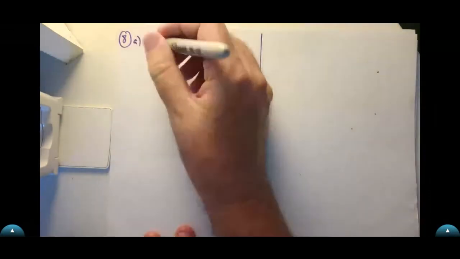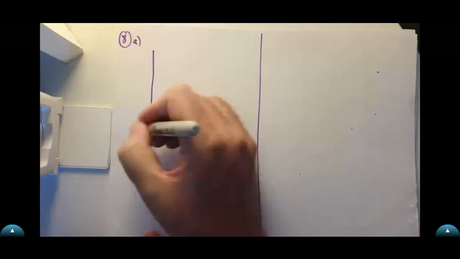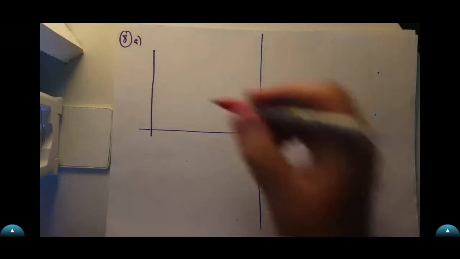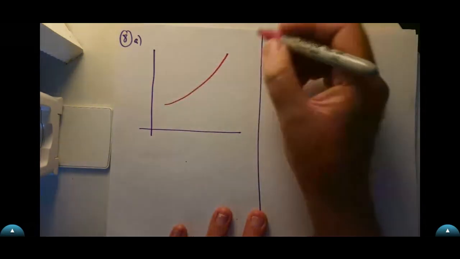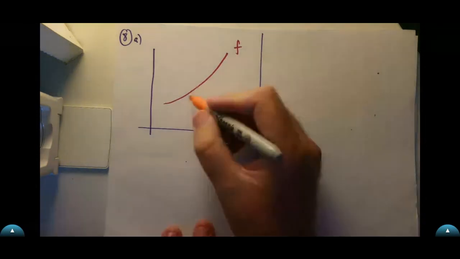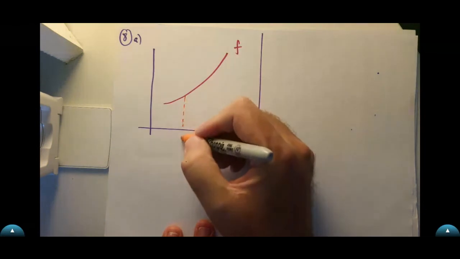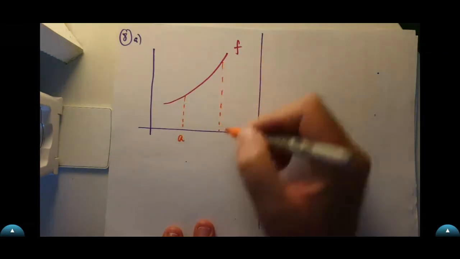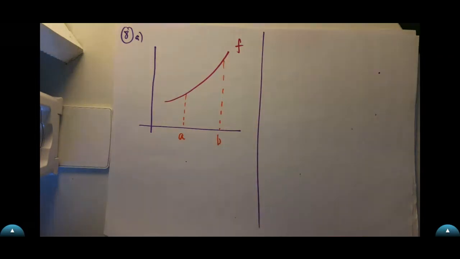All right. So they're really asking you to draw a picture here. So what I'm going to do is draw an arbitrary increasing function. That's going to be my f. And I'm going to look at a point on the x-axis and another point to the right on the x-axis, right?